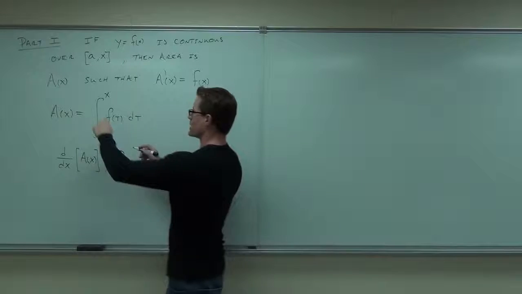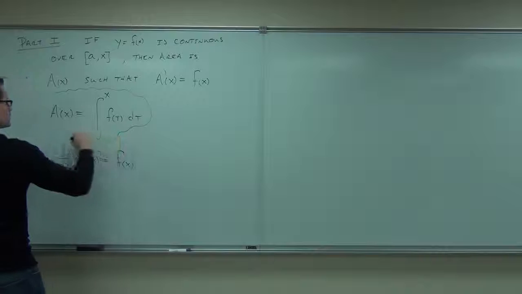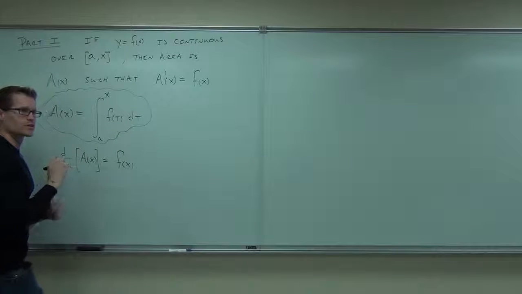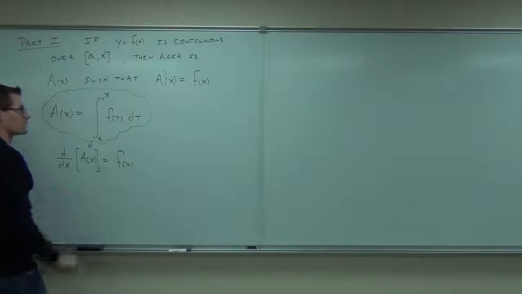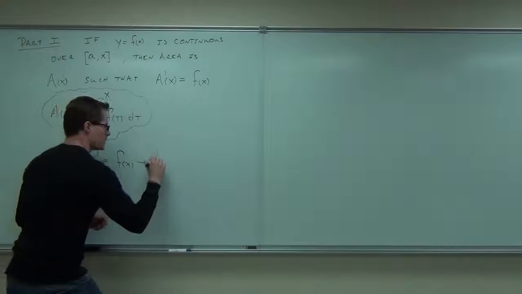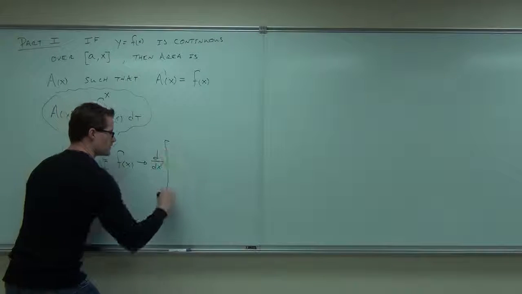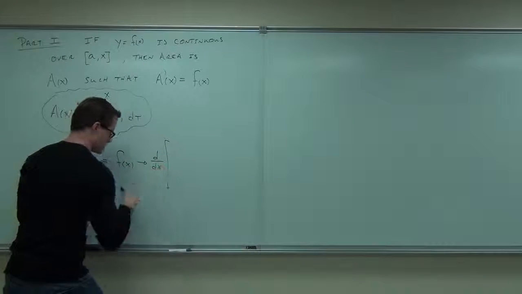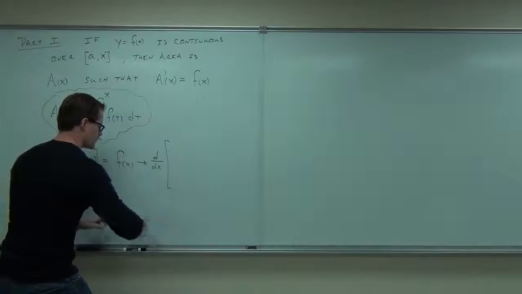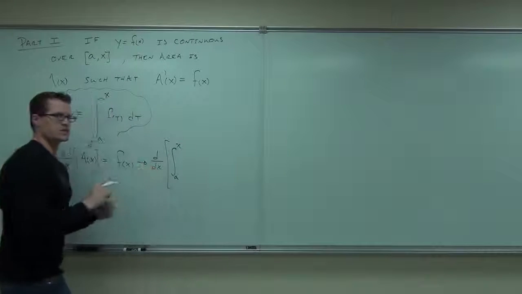However, we also have this statement right here. What I'm going to do is make a little substitution right there. So what this says is the derivative of A of x, here's another interpretation of A of x.